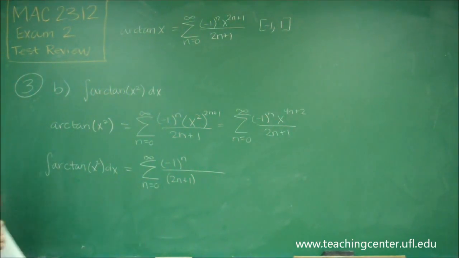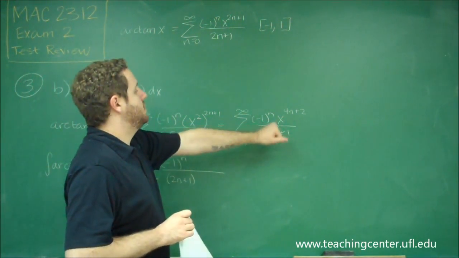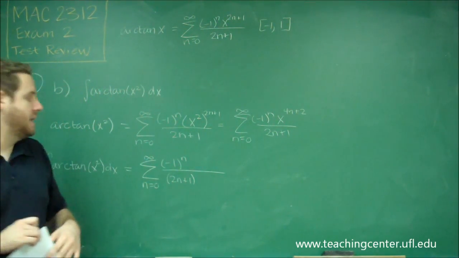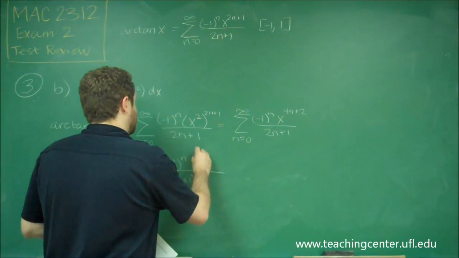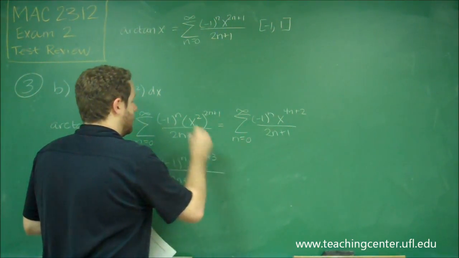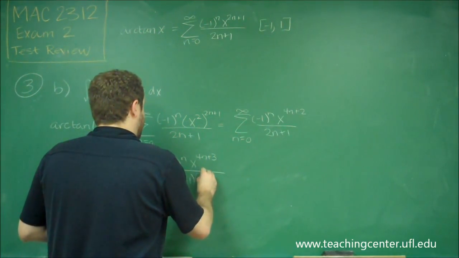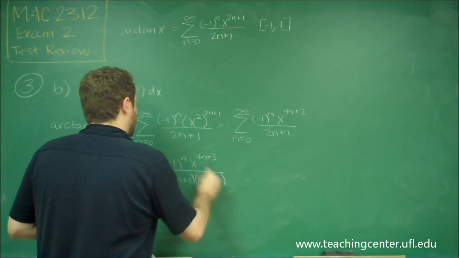Constant terms. When we do the antiderivative of x to a power, remember you raise the power by 1 and then divide by that. So we're going to have x to the 4n plus 3 if we add 1 to 4n plus 2. And you have to divide by that new power as well.